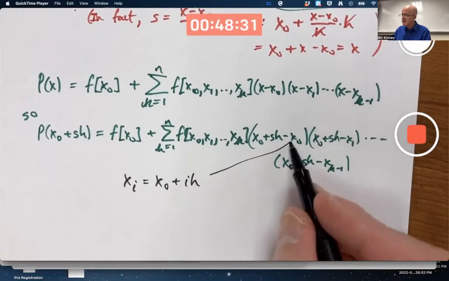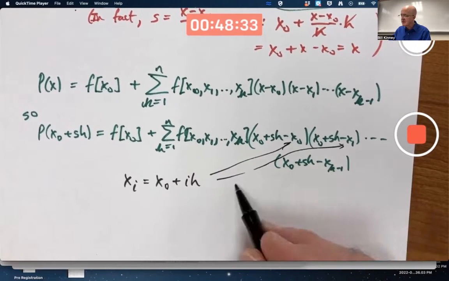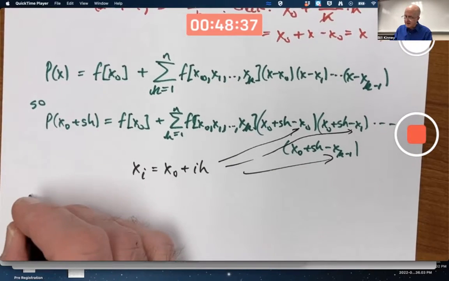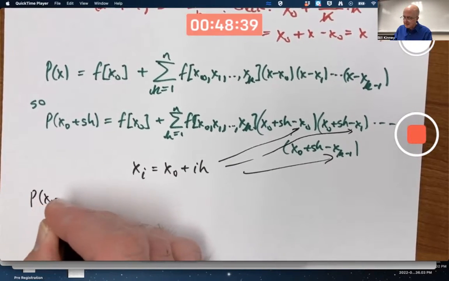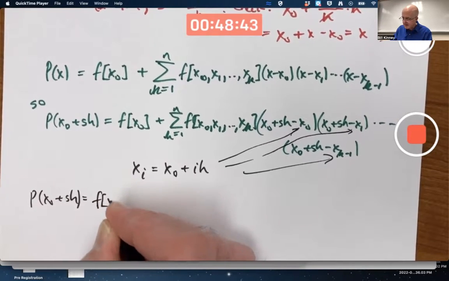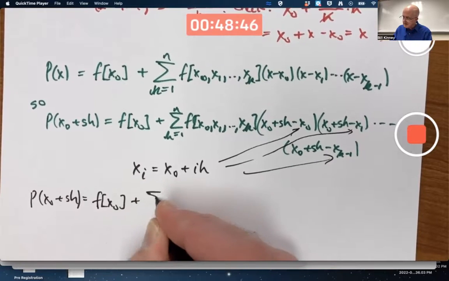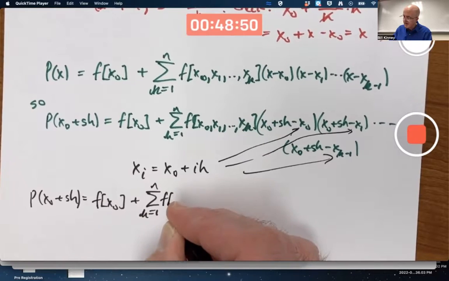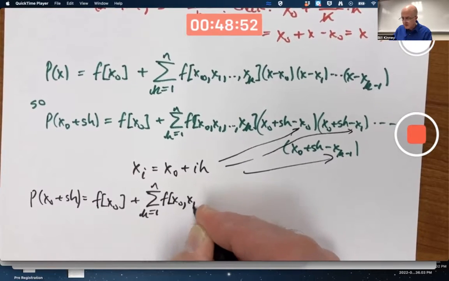So I can make those substitutions in place of those things here and get what? p of x0 plus sh is f of x0. Sorry about all the things to write here. I think it's worthwhile.